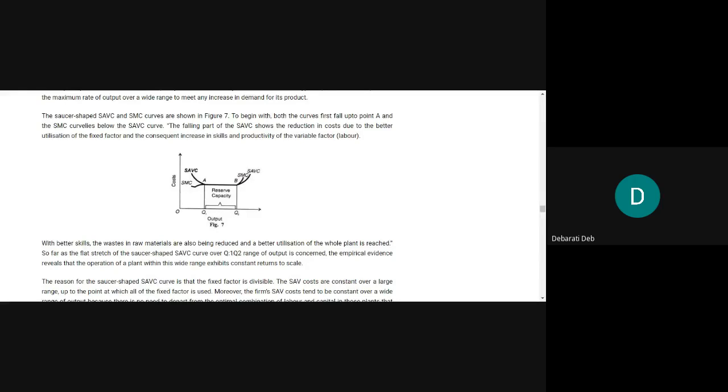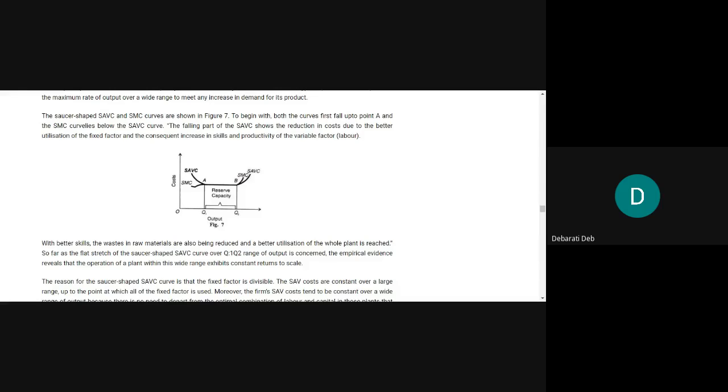So the labor skills and productivity will go on increasing, and because of the utilization of all those fixed factors within the plant, till point A there will be a reduction in the short run average variable cost. Understood?